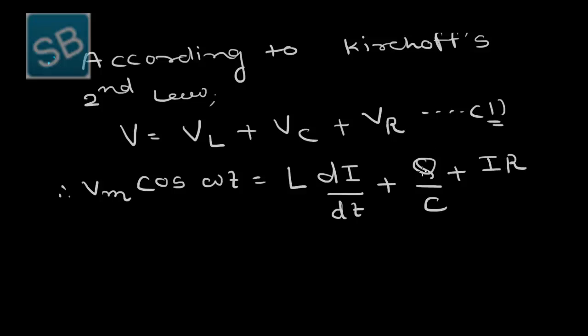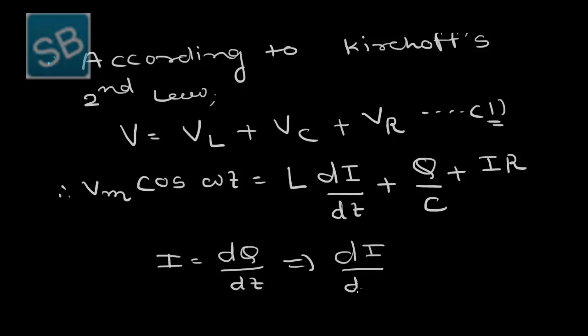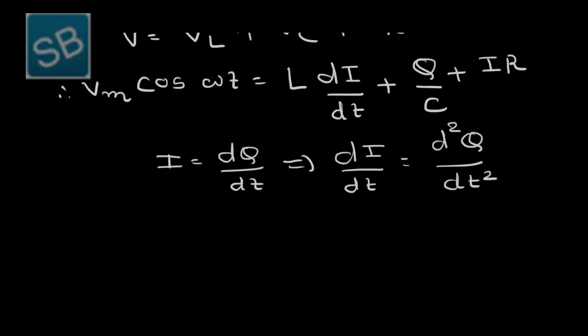Now, I is equal to dq by dt. If you differentiate it again, to substitute the value, di by dt is equal to d square q by dt square.